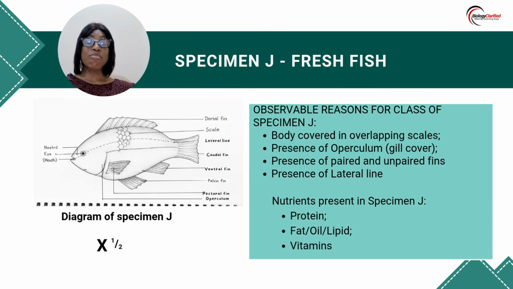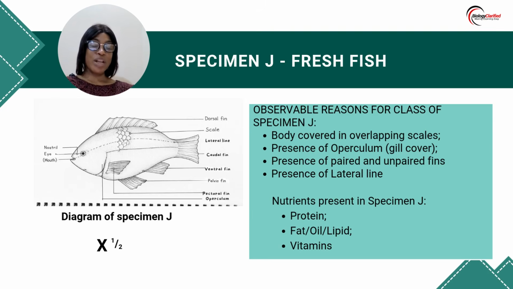And I'm going to have a mark for ruled guideline, a mark for magnification, marks for the title of the diagram, that's 3 marks, and marks for size of the drawing, that's 4 marks.